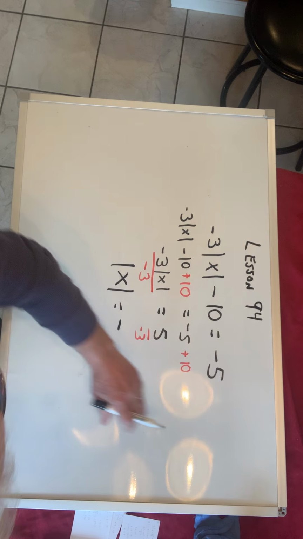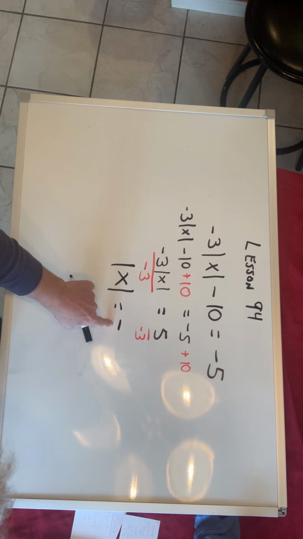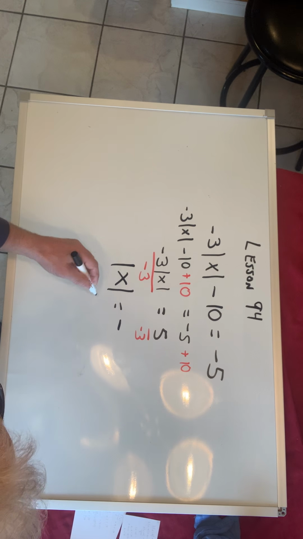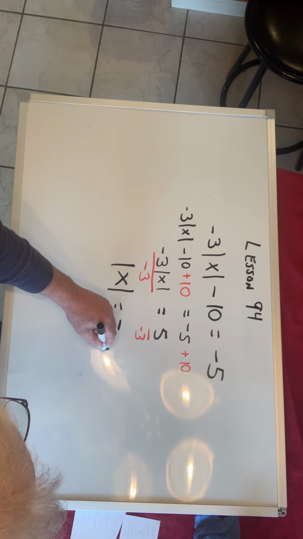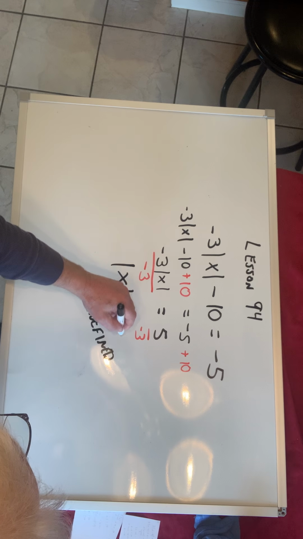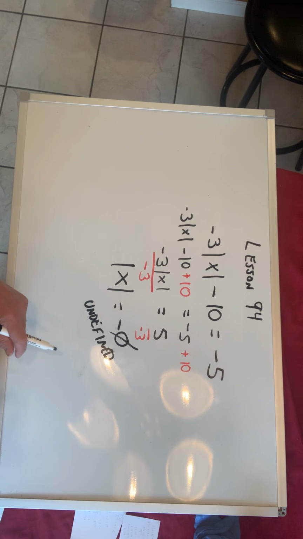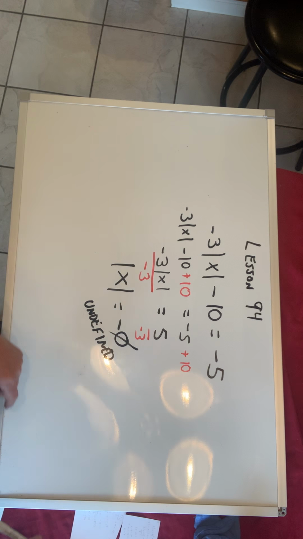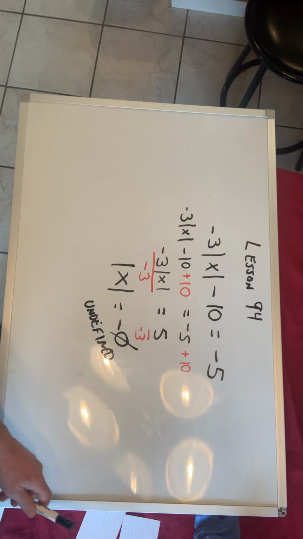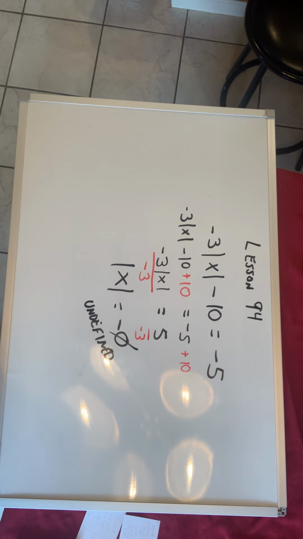And even though it just happened to work out that way, if I've got a negative here, then the correct answer is undefined. Or you can just put the 0 with the line through it there. Can't do that one if I'm going to end up with a negative there. All right, so there's two examples that go along with example 1 in your book right there.